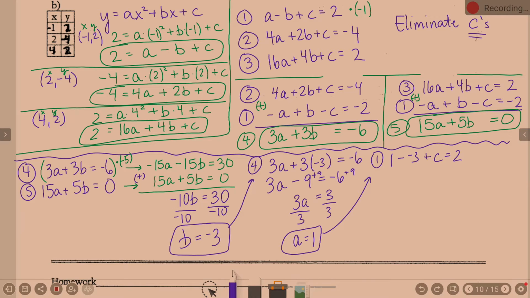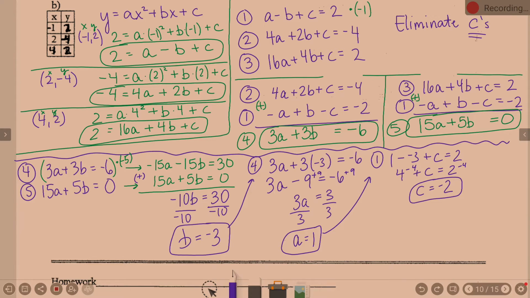So 1 minus negative 3. 1 minus negative is plus, so it's 4 plus c. I'm going to subtract 4. 2 minus 4 is negative 2.